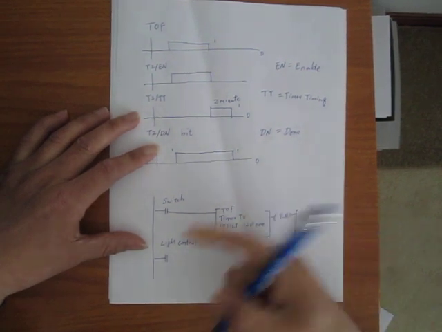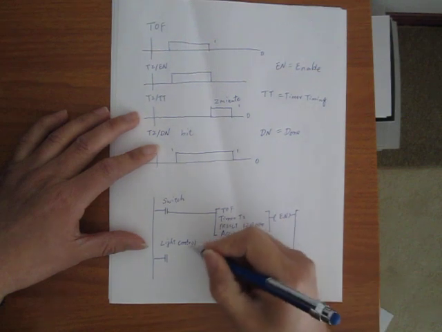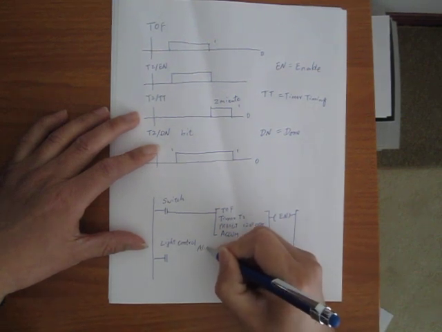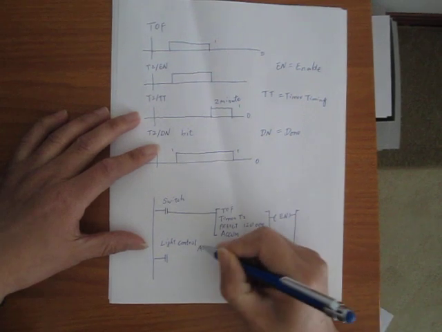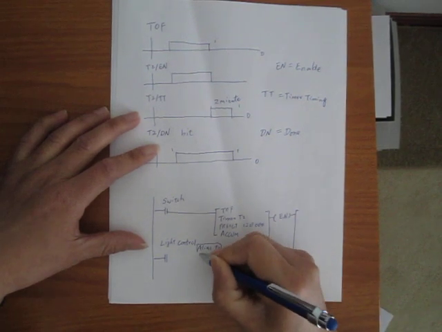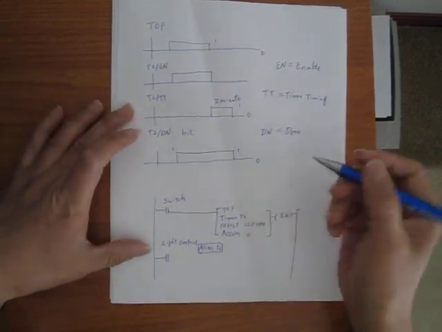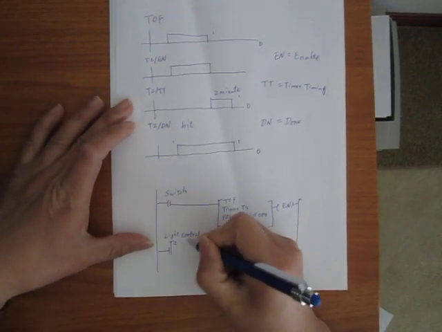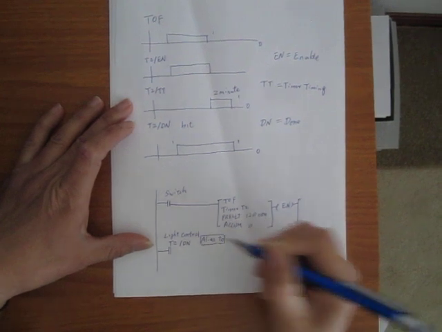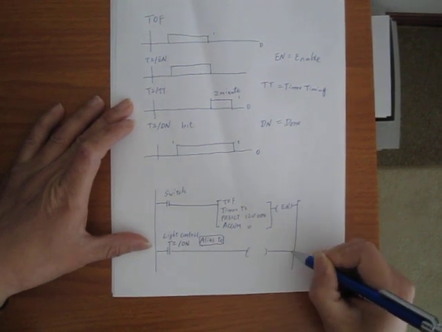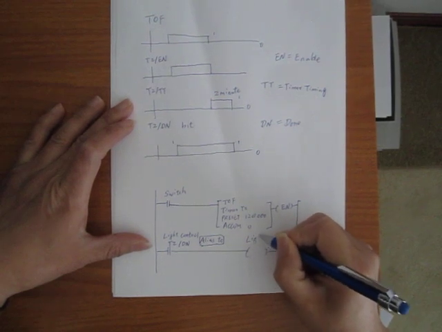This one I gave a name, that's a new tag. I'm going to set this light control to alias 2. In that tag, you can change alias 2 to T2.DN.